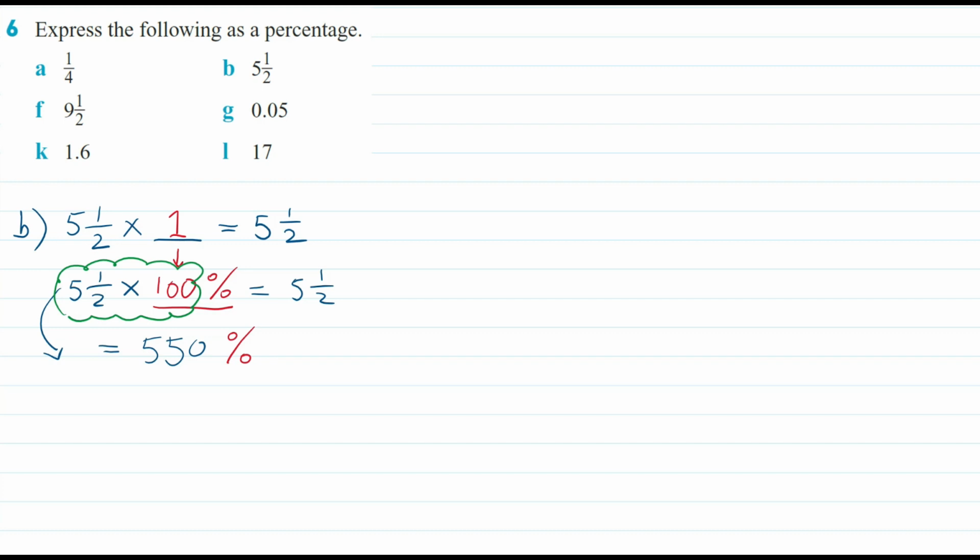Now, if you don't want to do this via the calculator, you can try a mental technique, and that involves taking this number apart. So the mental technique is to consider 5.5 as 5 plus a half. And we saw that 1 is equal to 100%.